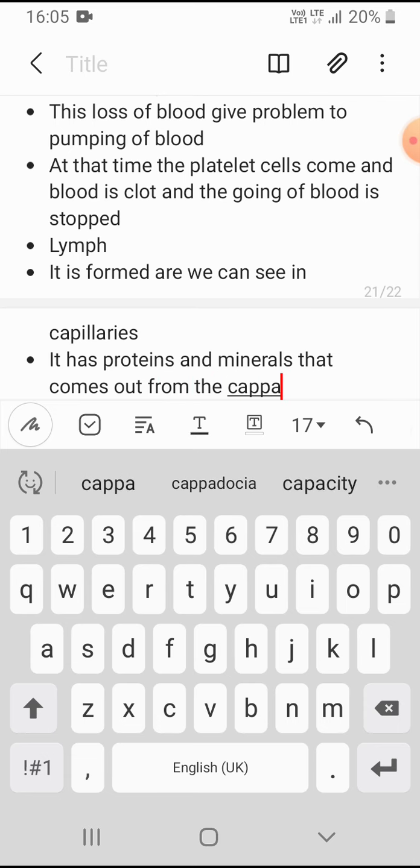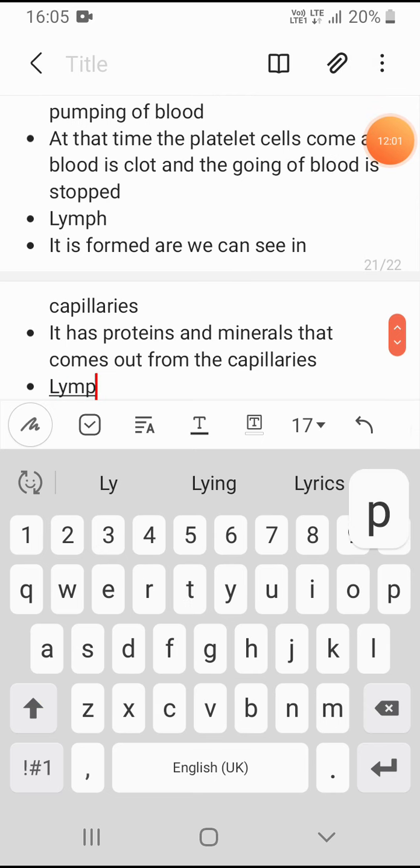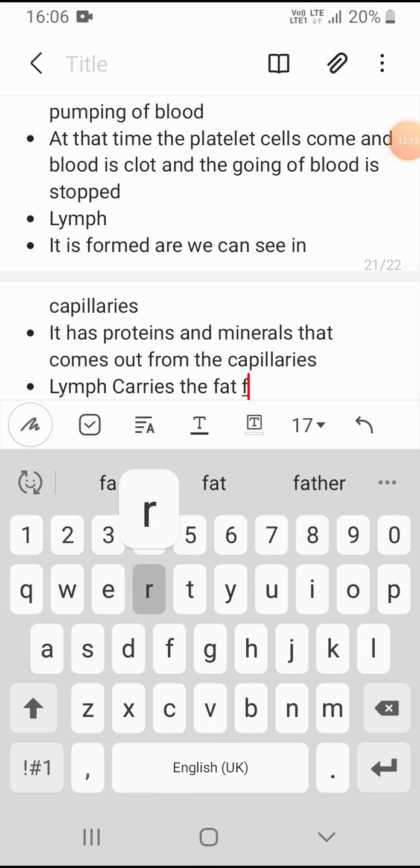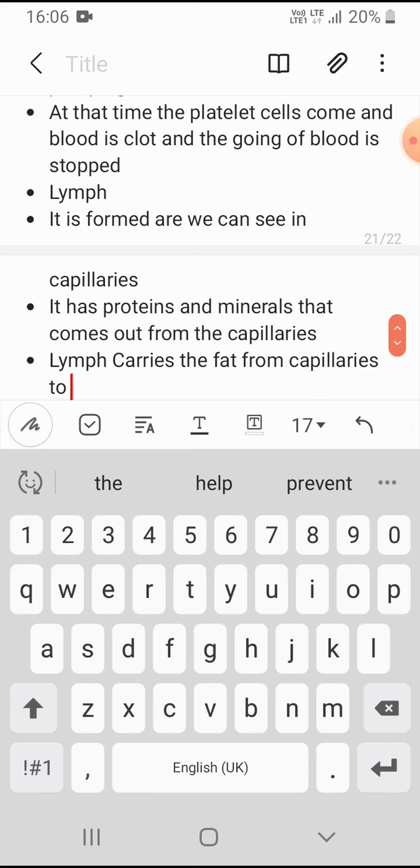Lymph carries the food, carries the energy and fat from the capillaries to the veins.